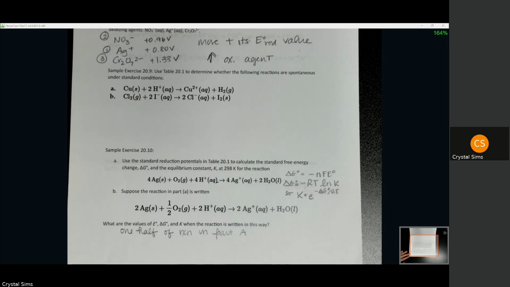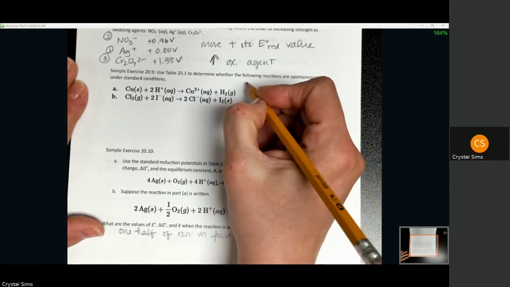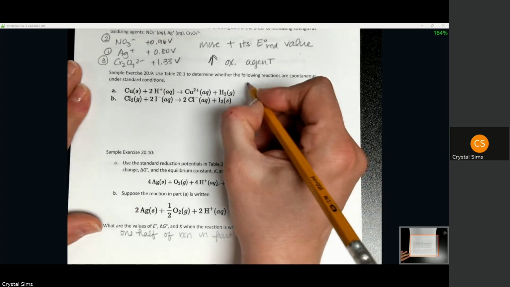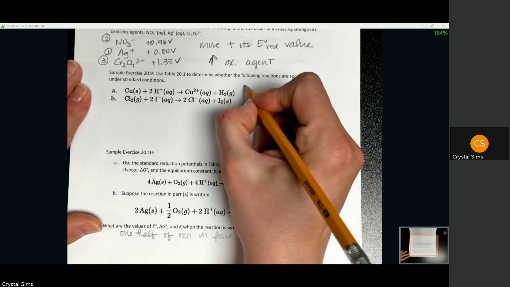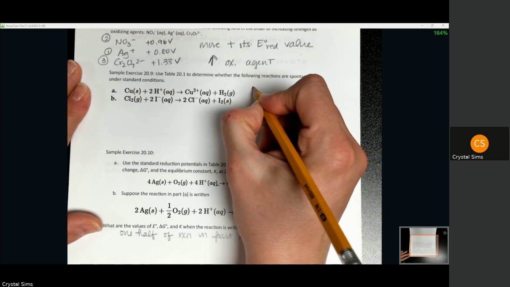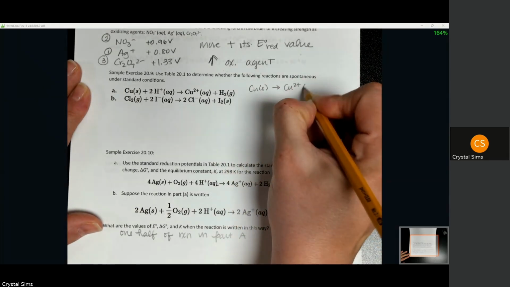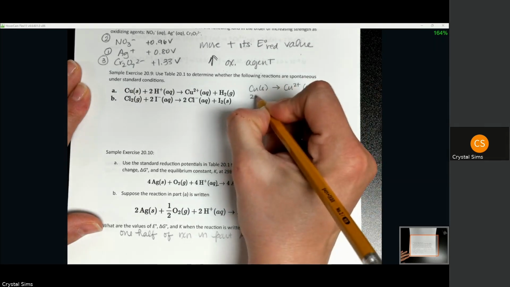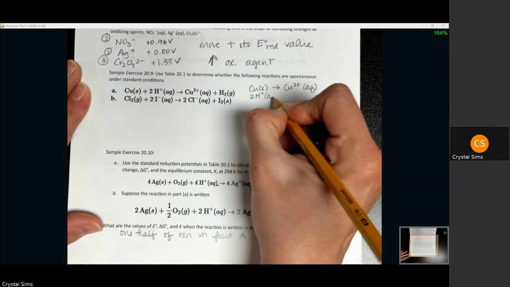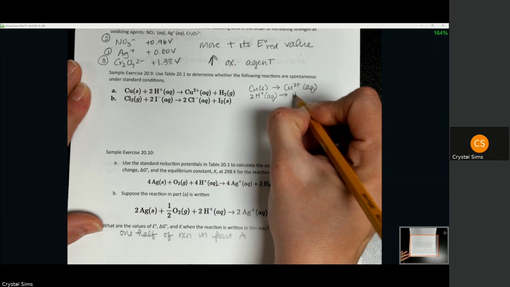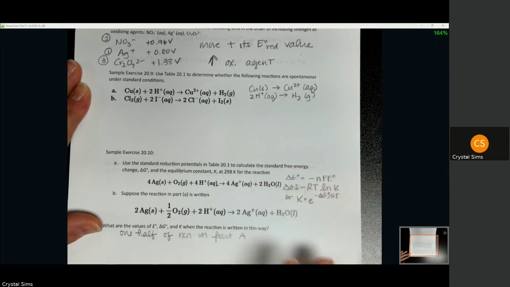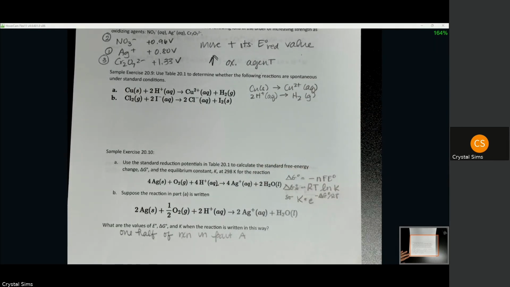I'm going to start with A here. For A, I have copper into the copper ion, and I have the hydrogen ion into hydrogen gas. So those are my 2 half reactions.